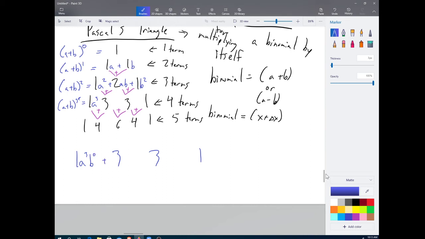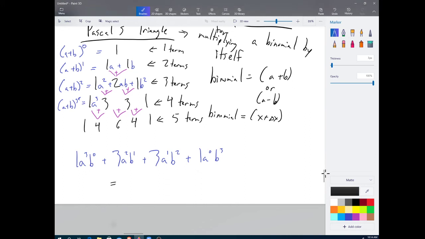And then I'm going to subtract 1 from the a power and add 1 to the b power every time. So I get a squared b to the first. I take 1 away from the a cubed to get a squared. I add 1 to the b to the 0th to get b to the first. I take 1 away from the a, I add 1 to the b. I take 1 away from the a, I add 1 to the b.